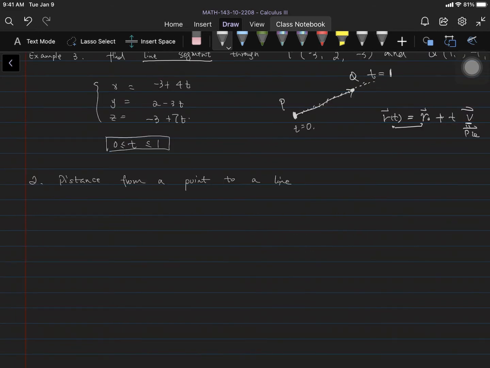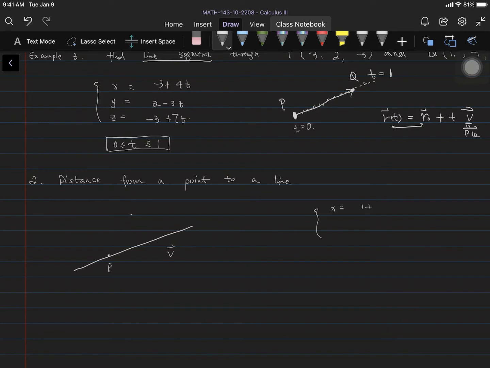Now we are going to learn the second part, which is the distance from a point to a line. If we draw a graph, it looks like this. We have a point and we have a line, and the line is given by the parametric equation. That means we have the direction vector v, and from the line equation we can see a point.